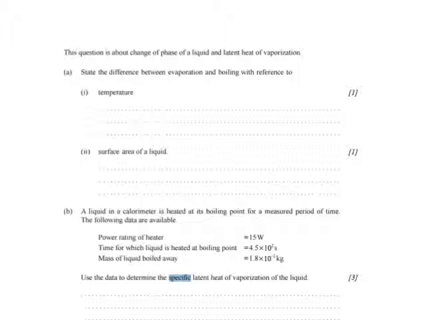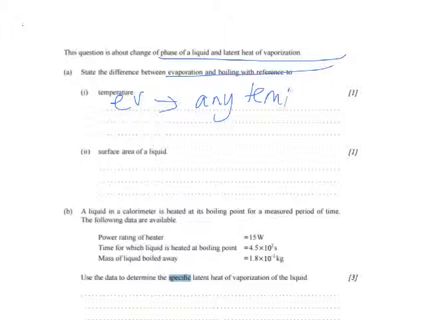More definitions. The question is about the change of phase of a liquid and latent heat of vaporization. What is the difference between evaporation and boiling? Well, evaporation happens at any temperature. Any. Okay? And boiling can happen only at boiling point.